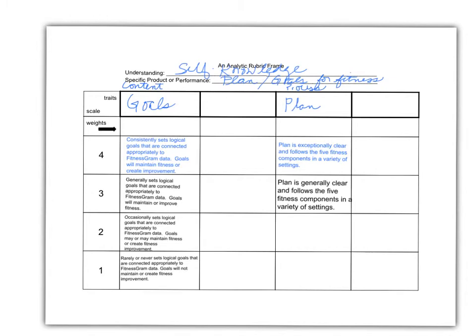My next row down then is going to be where it starts to lack clarity, based on my degrees of clarity here. So the plan lacks clarity and is difficult to follow.